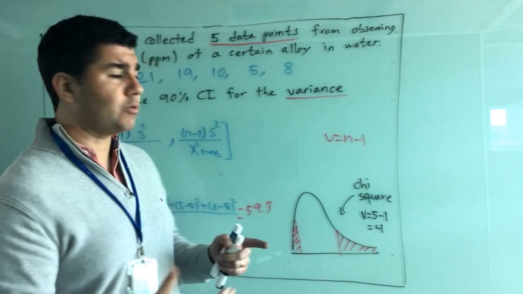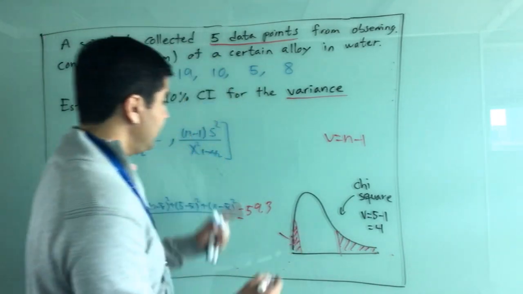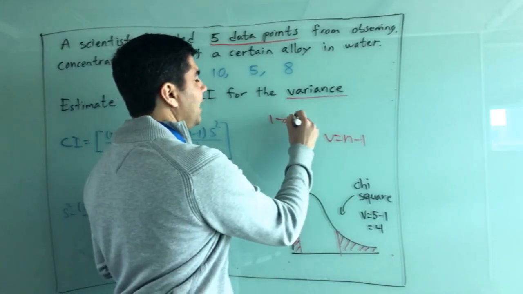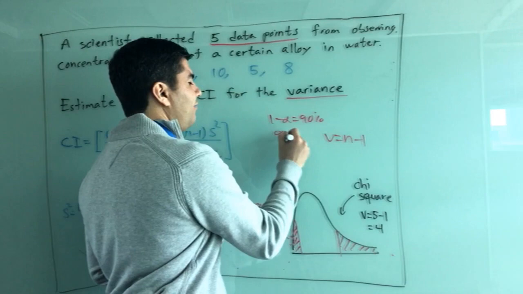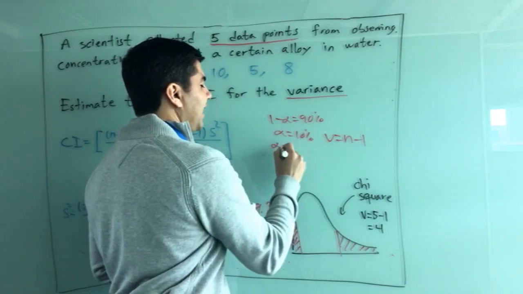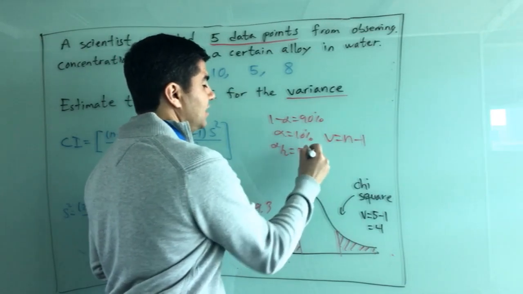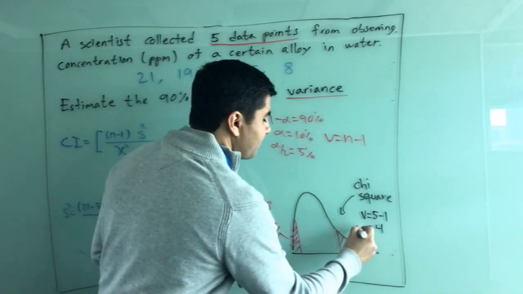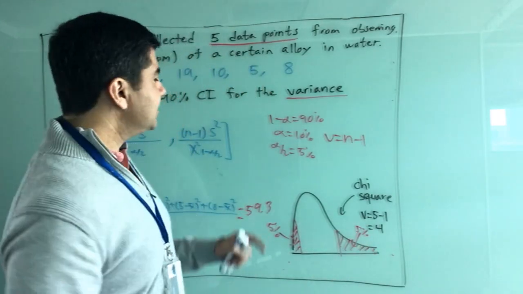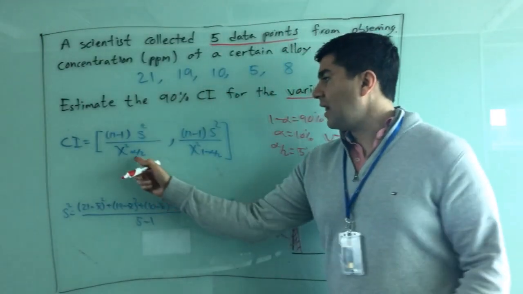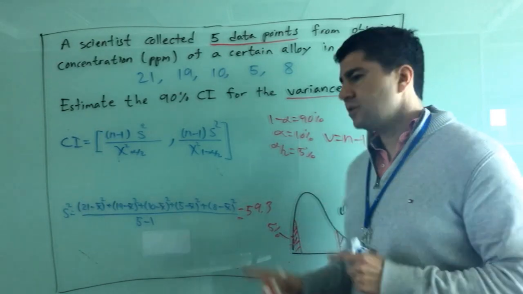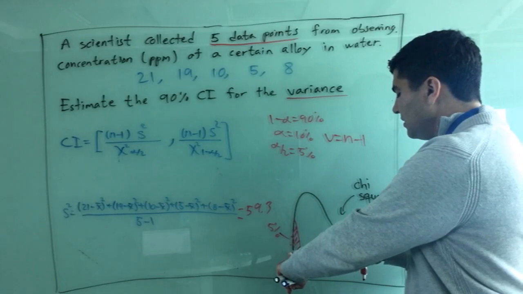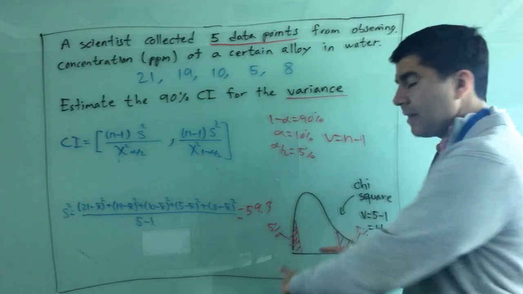Again, we do the same procedure: if 1 minus alpha is 90%, alpha is 10%, and alpha halves is 5%. So what we want is 5% on this tail and 5% on this other tail. That's the reason why in the formula it says alpha halves and 1 minus alpha halves.